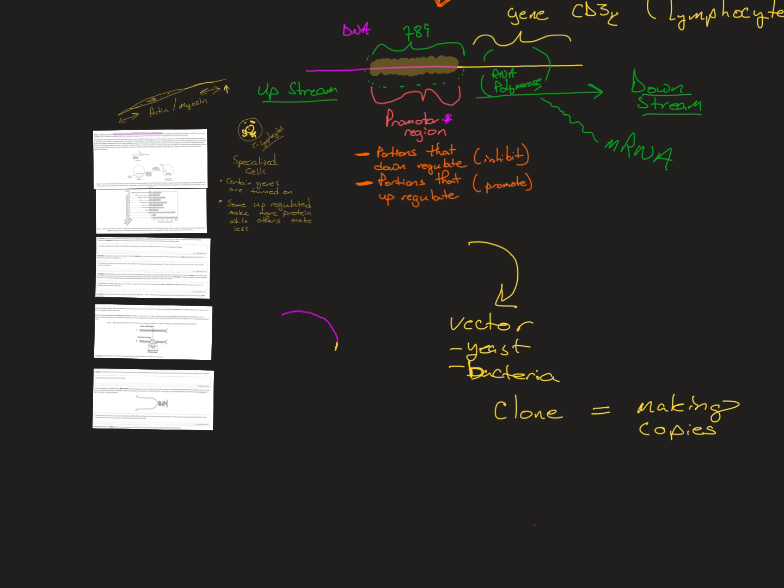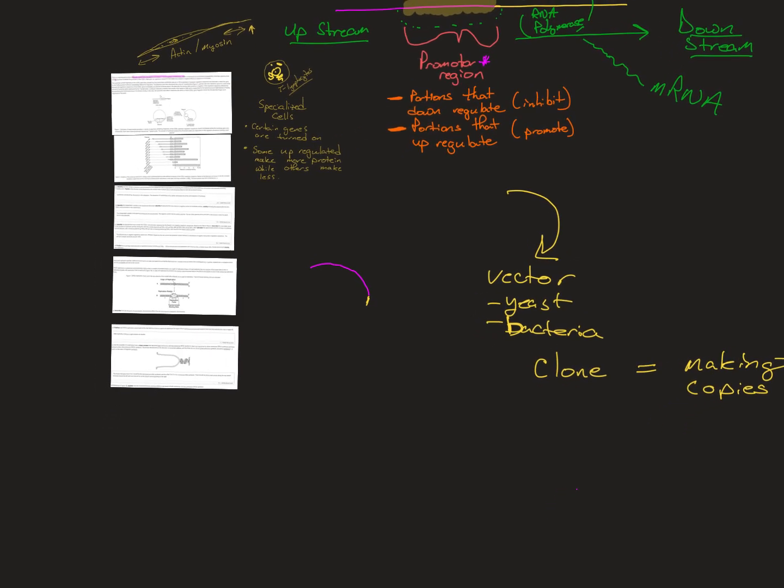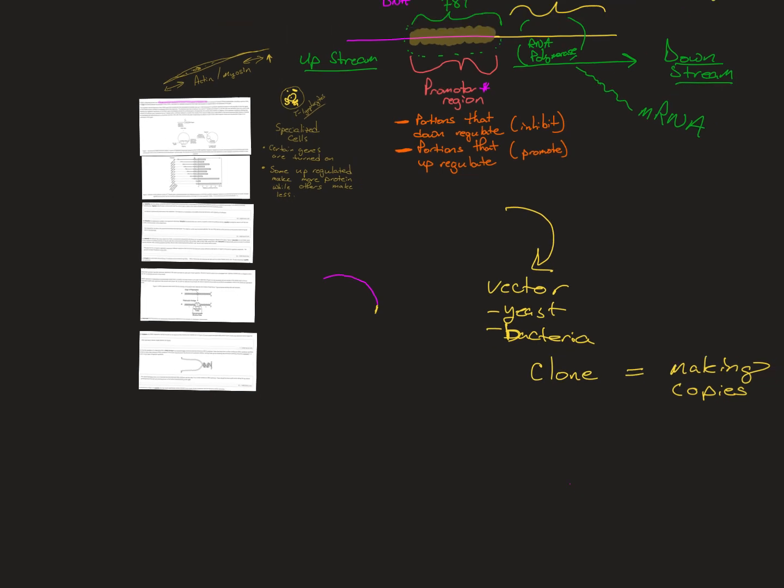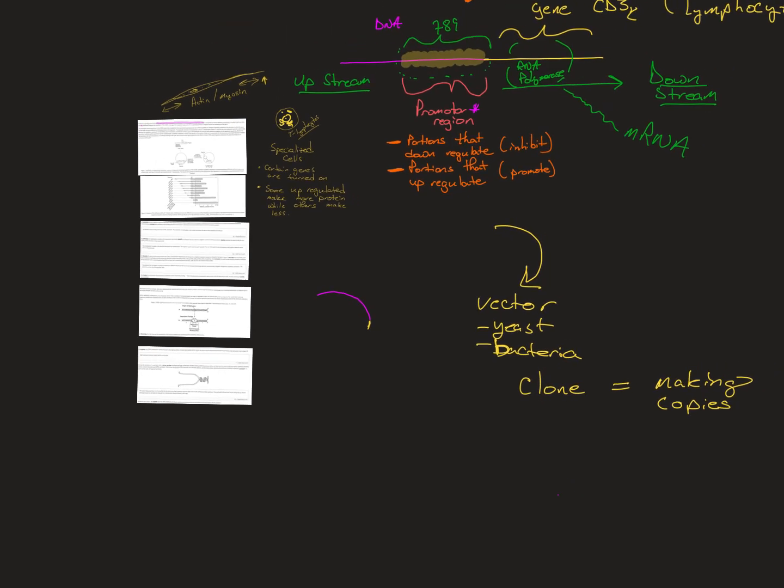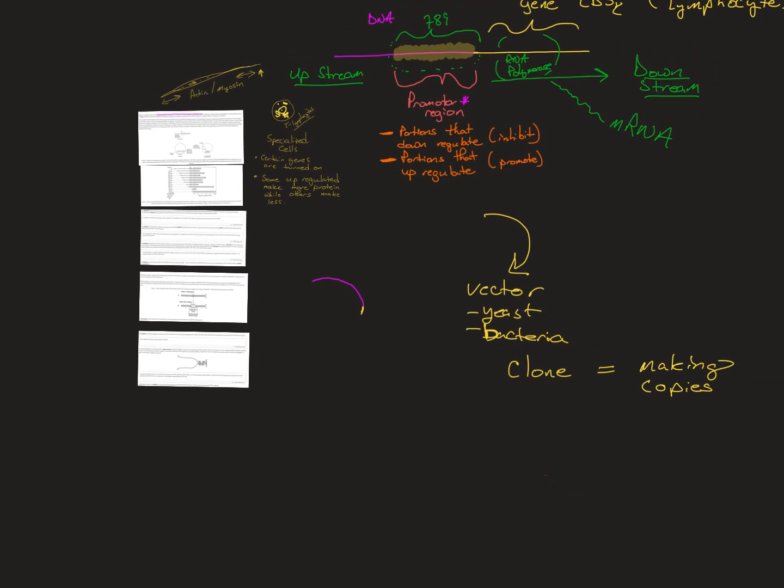Is it up regulating it in the T lymphocyte? They don't know. So they put this regulatory sequence in. And then they probably want to know what part of it is down regulating it, what part of it is up regulating it. So they put it all in there. And then they add a little bit of the actual gene. So it crosses over. So they make sure they get the whole promoter region. So we know it's going to express.